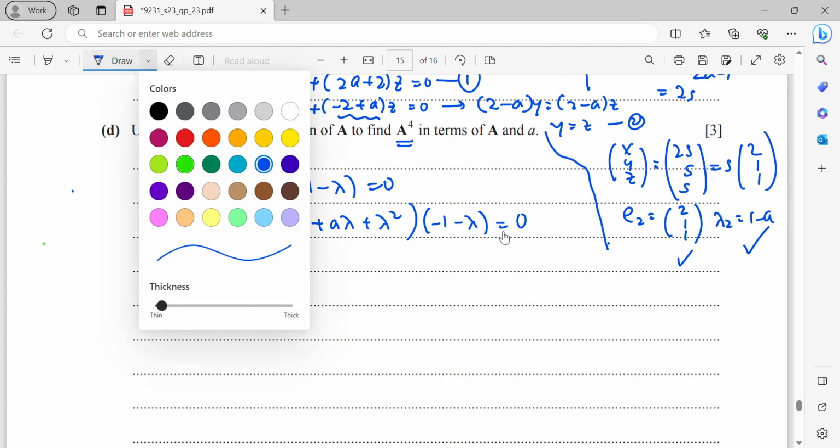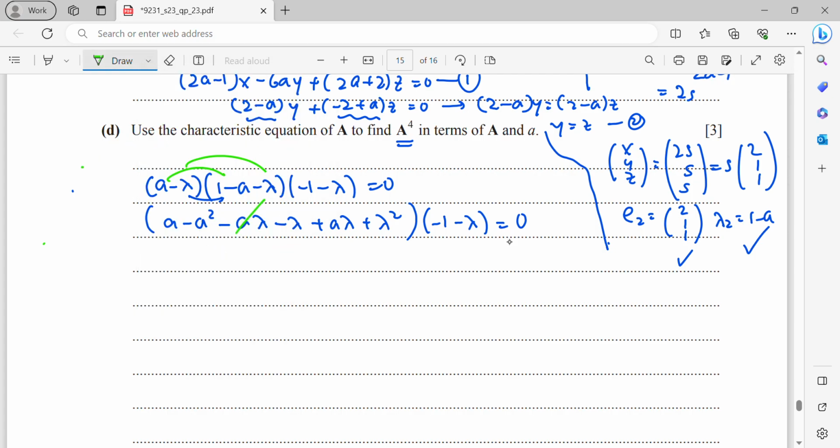Okay, so before I expand again, I simplify the terms. Then I will rewrite here: A minus A squared minus lambda plus lambda squared. Now multiply with minus 1 minus lambda equals 0. So firstly, all the terms inside the first bracket times by minus 1, so just change the sign.